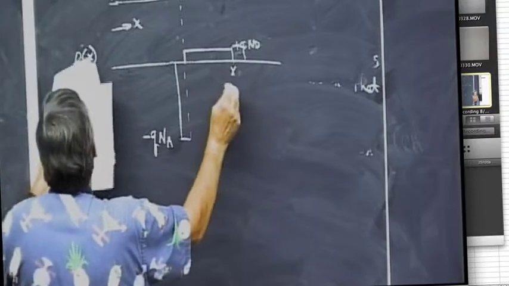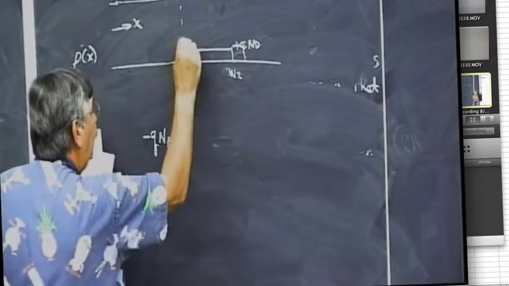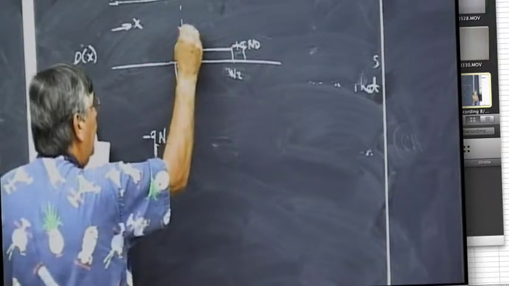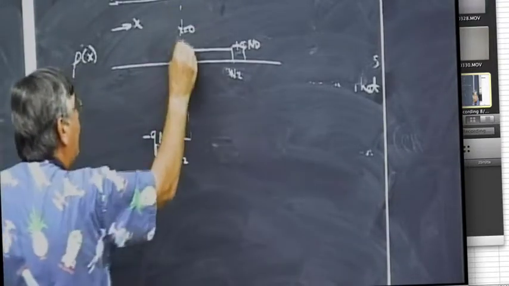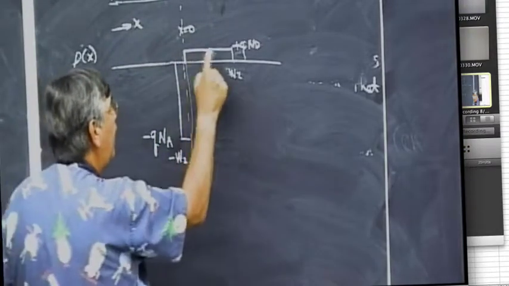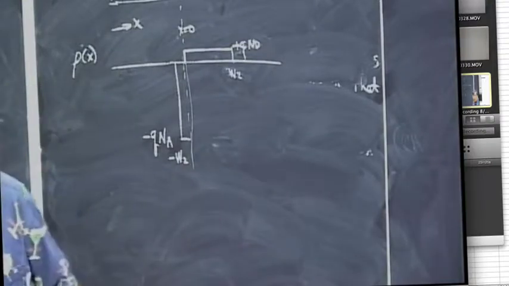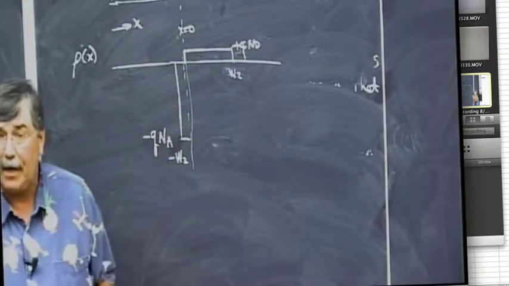This is x equals 0, and this is minus width 1, and this is width 2. I have made an important thing when I drew this. I claim that the total charge on each side is equal to the size of these rectangles.